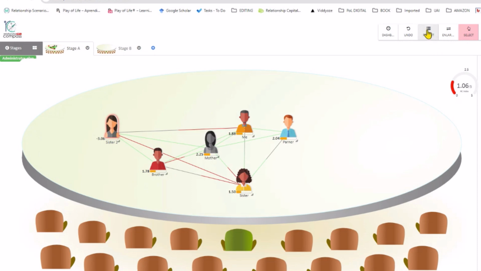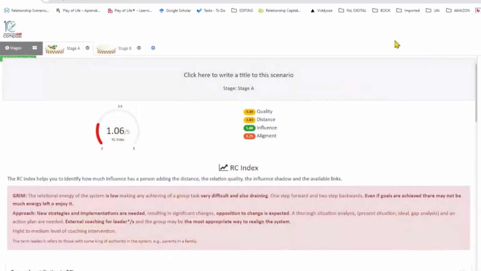We go to the report, and the report is telling us that the relationship capital of this place is 1.6. And it says that the relationship is green. The relationship energy of the system is low, making any achievement of a group task very difficult and also draining.